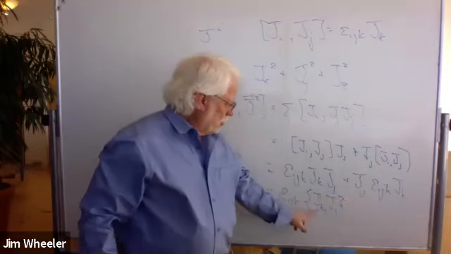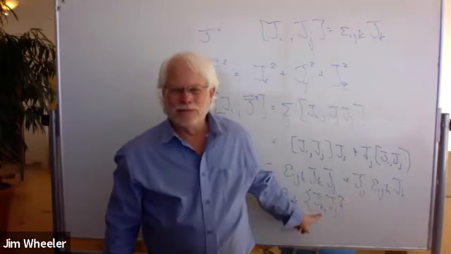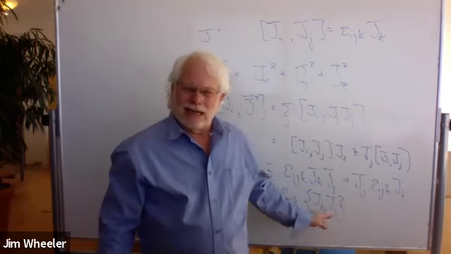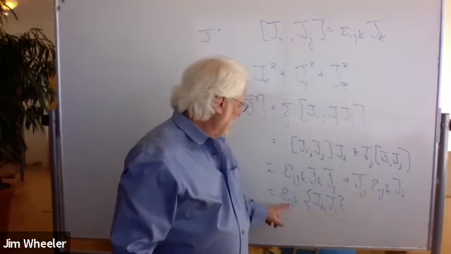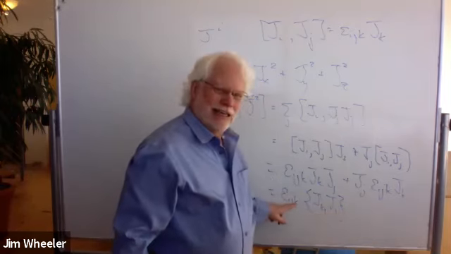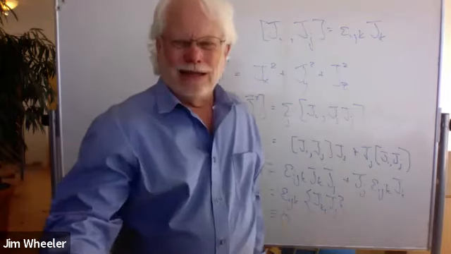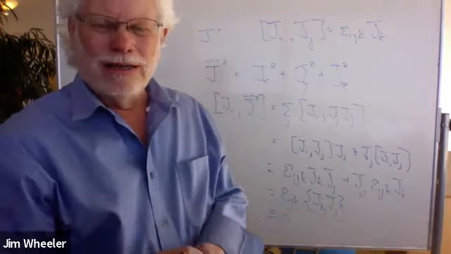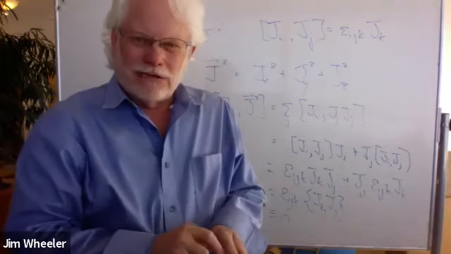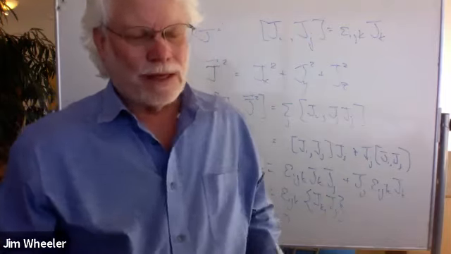But most importantly, it's symmetric in jk, and I'm contracting it fully with an anti-symmetric object. So this is identically 0. And that proves that J squared commutes with each of the generators of SO3.